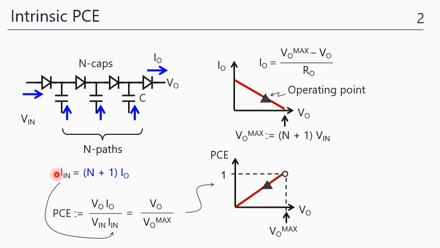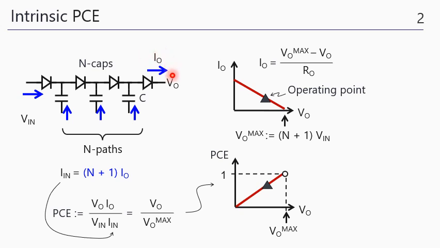We have N passes through N capacitors and one pass from the input, the total N plus one paths.